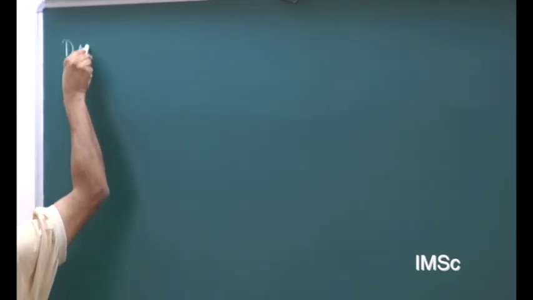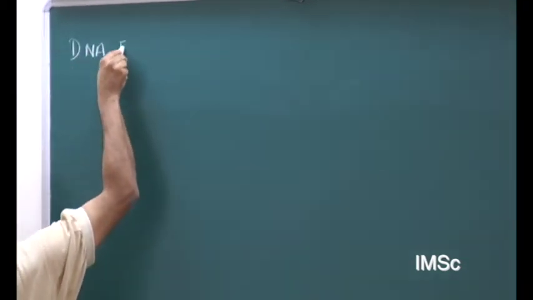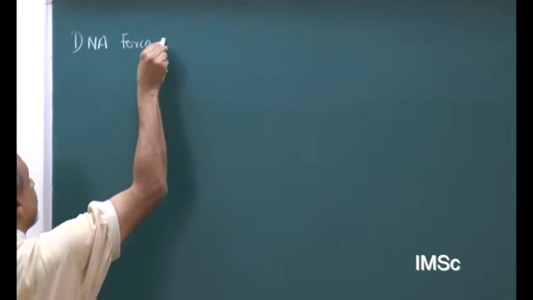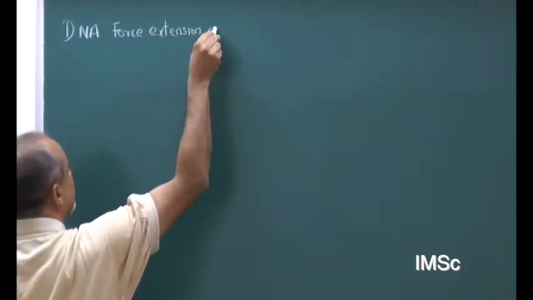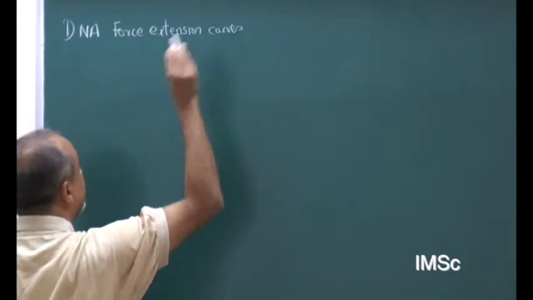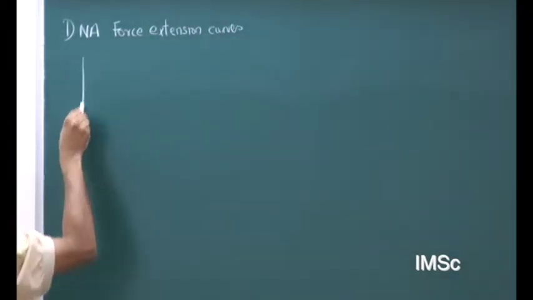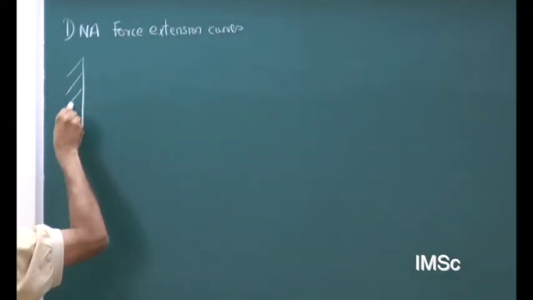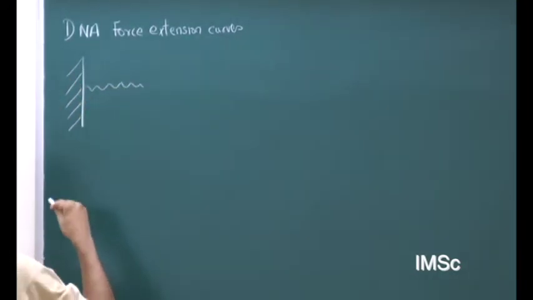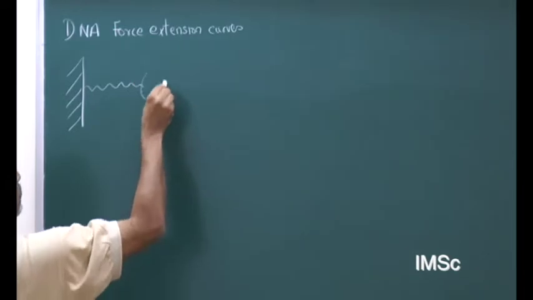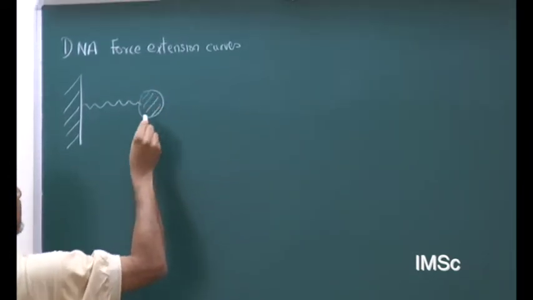Okay, so remember that for the last few classes, we've been thinking about how to model what is called DNA force extension curves. Remember that the prototype of the experiment is one where you take a DNA molecule, attach it to some glass surface, and put a big bead at the end of it.